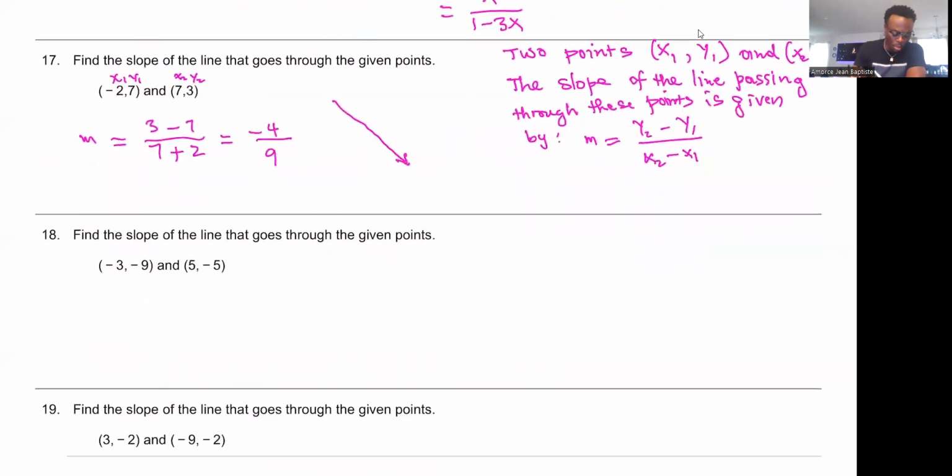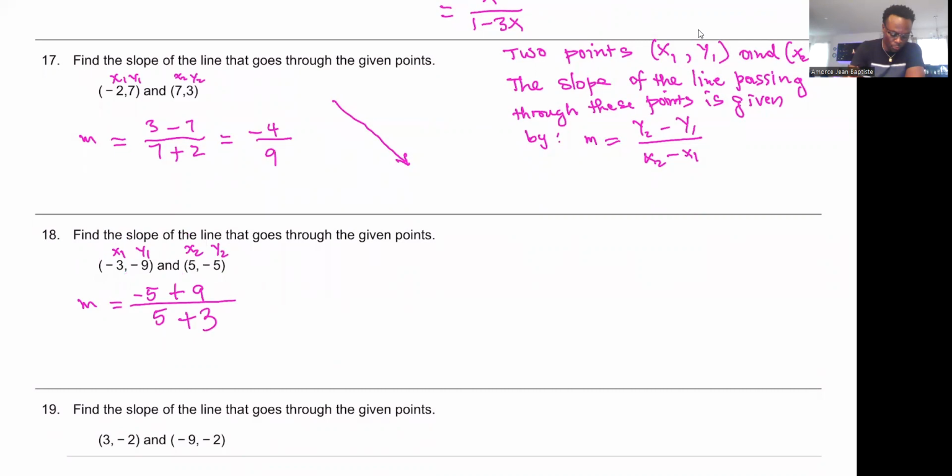Let's use the same formula here. M equals, if I call this one x1, y1, x2, y2, we will have the formula y2 negative 5 minus y1, negative 9, so plus 9, over x2, which is 5, minus x1, negative 3, so plus 3.